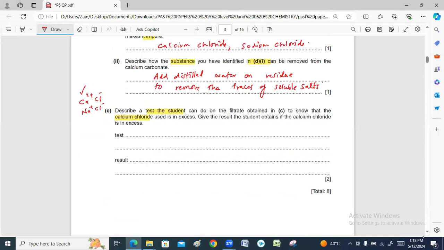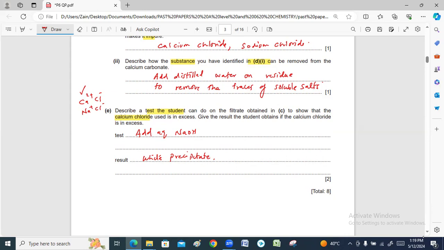sodium hydroxide. If we add aqueous sodium hydroxide, the result is a white precipitate. Because by adding aqueous sodium hydroxide, a cation like Na positive will not give us any observation.